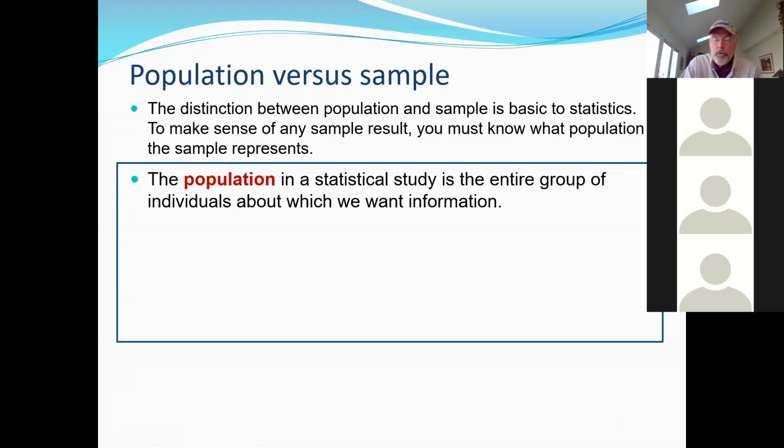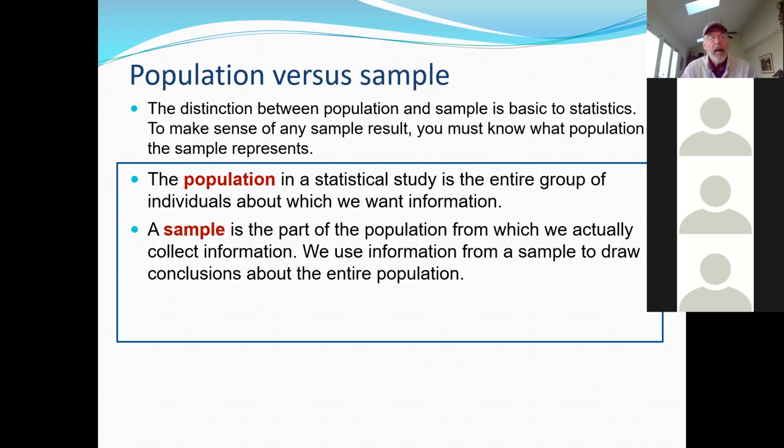And so we want to define that population very carefully so that when we get a sample from that population, it actually represents the population, and that is a critical part of the sample, and it can't be biased by outside forces.